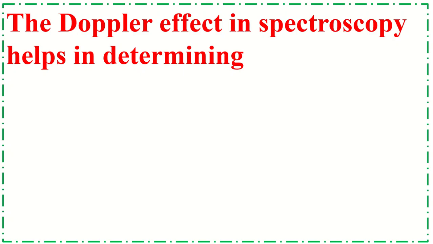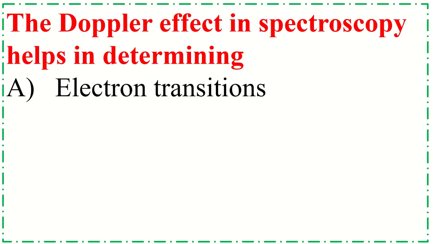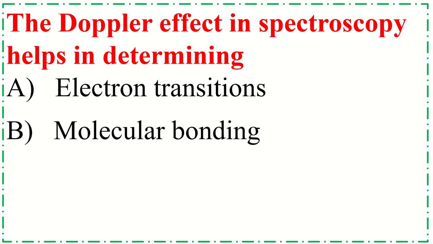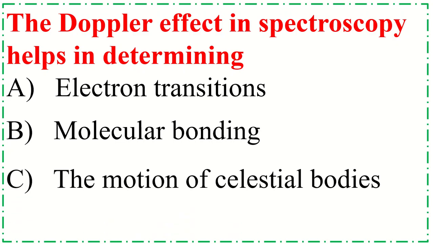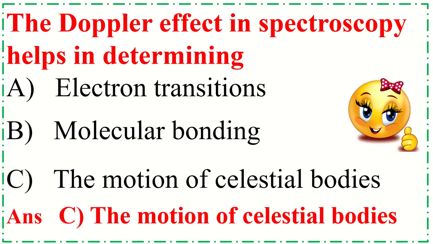The Doppler effect in spectroscopy helps in determining: option A, electron transitions; B, molecular bonding; C, the motion of celestial bodies. Correct option is C, the motion of celestial bodies.